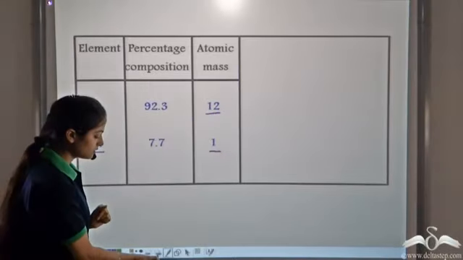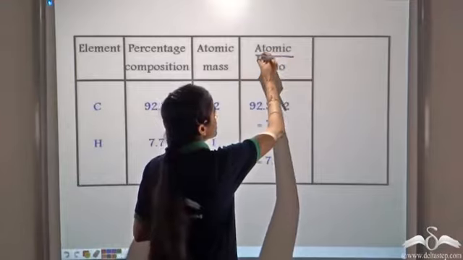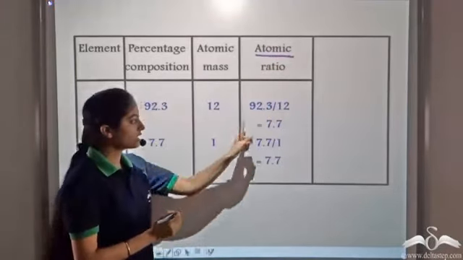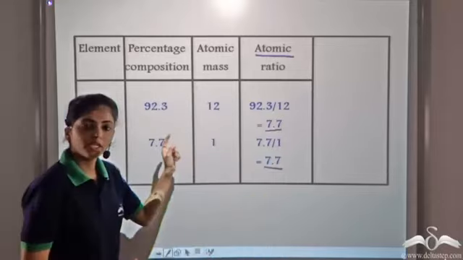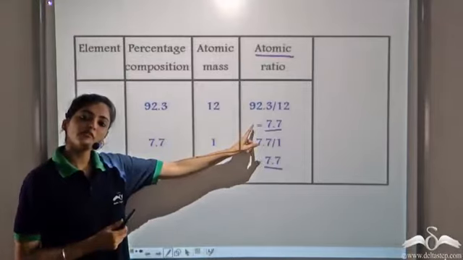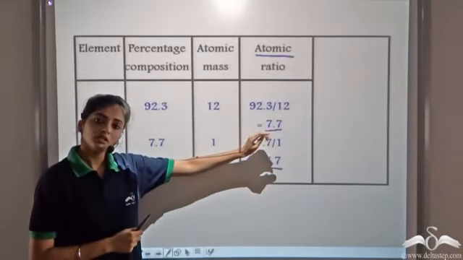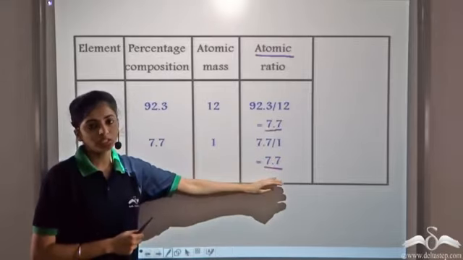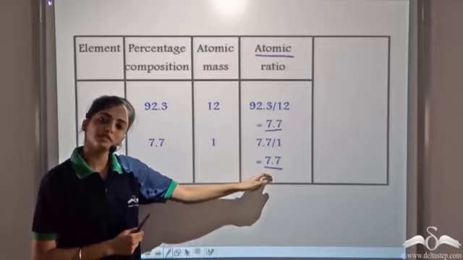So what do we get? We get the atomic ratio. It shows us that we have 7.7 of each carbon and hydrogen. This shows us that for every 100 AMU, we have 7.7 carbon and 7.7 hydrogen. This means that the ratio of these two is 1:1.